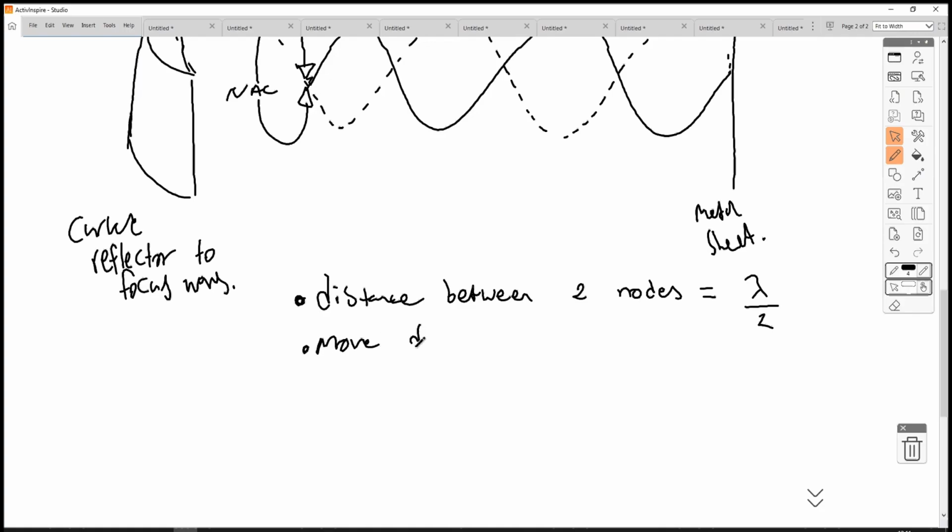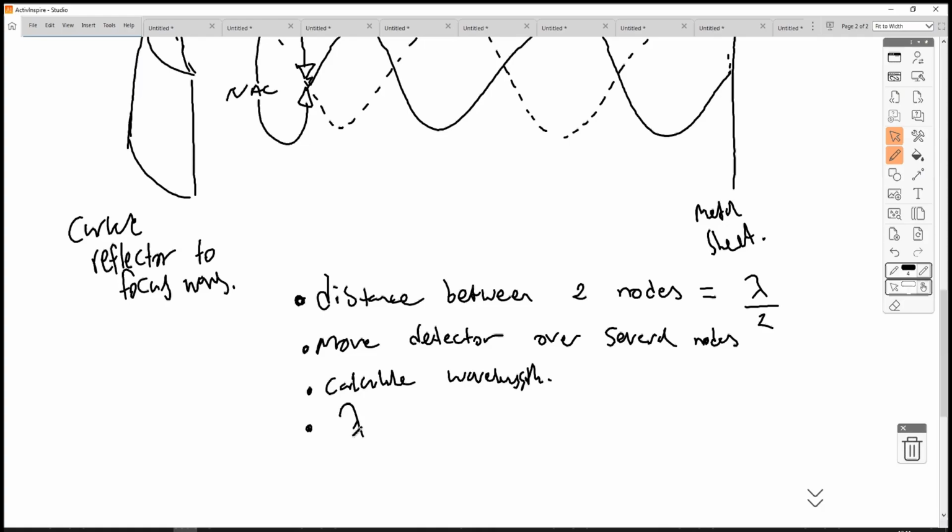So move detector over several nodes, and then calculate wavelength. And he found that the wavelength for the radio waves was about 66 centimeters.